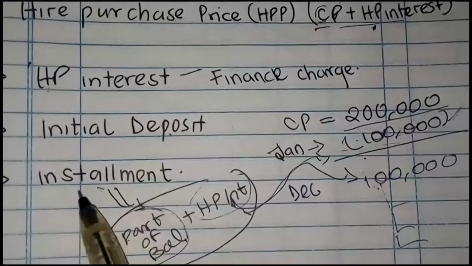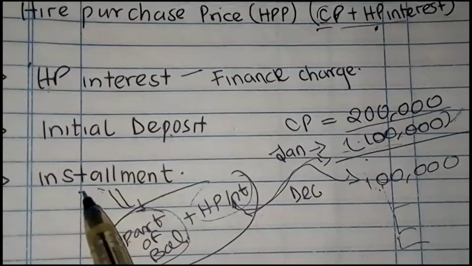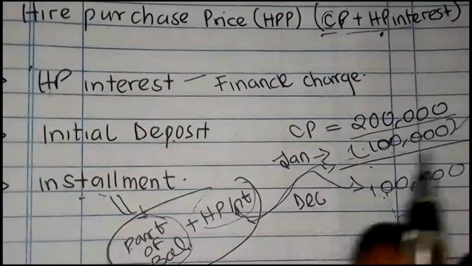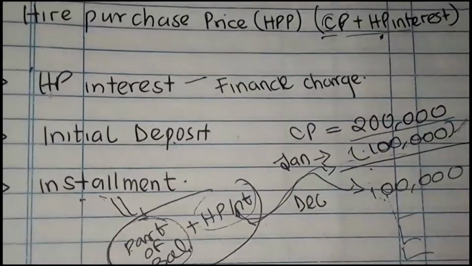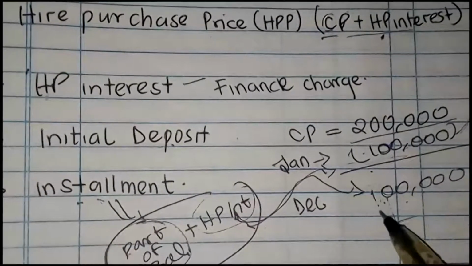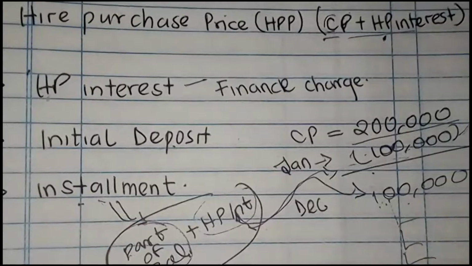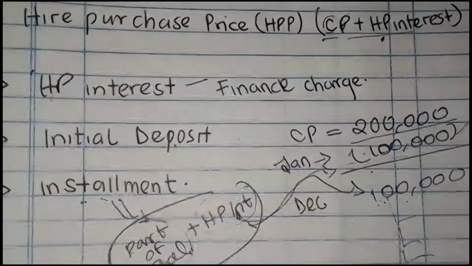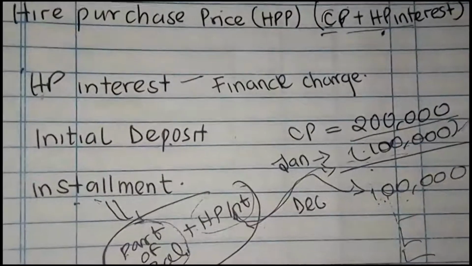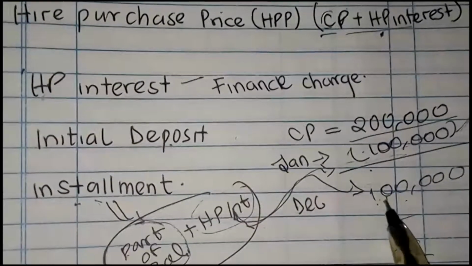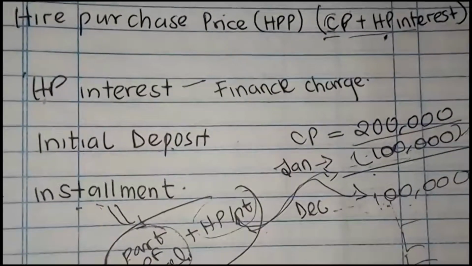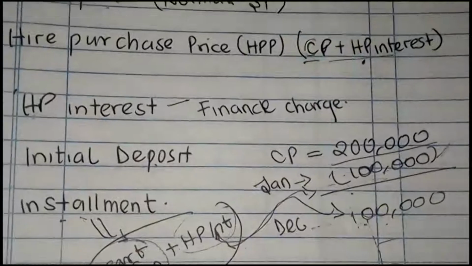It is normally paid at a specific period or interval to liquidate the balance of the hire purchase price, after the initial deposit has been made or not. So what we are going to pay by December, by the end of every period, depends on the agreement, right?